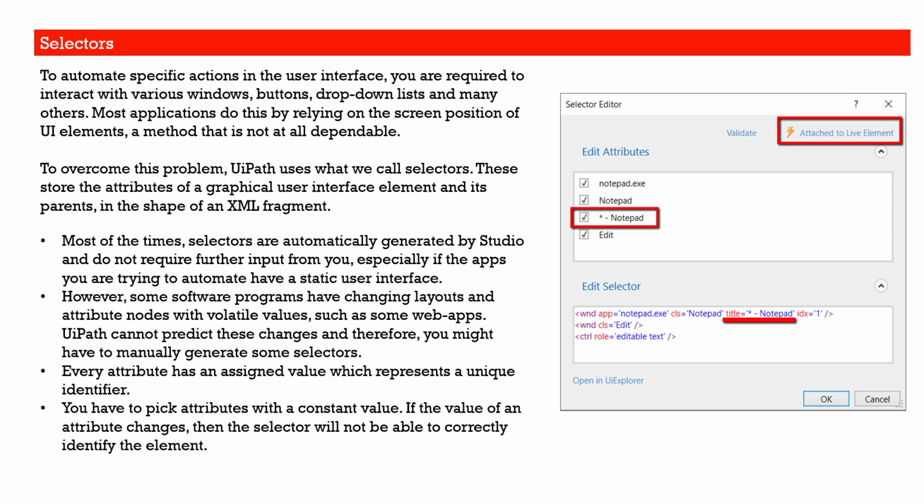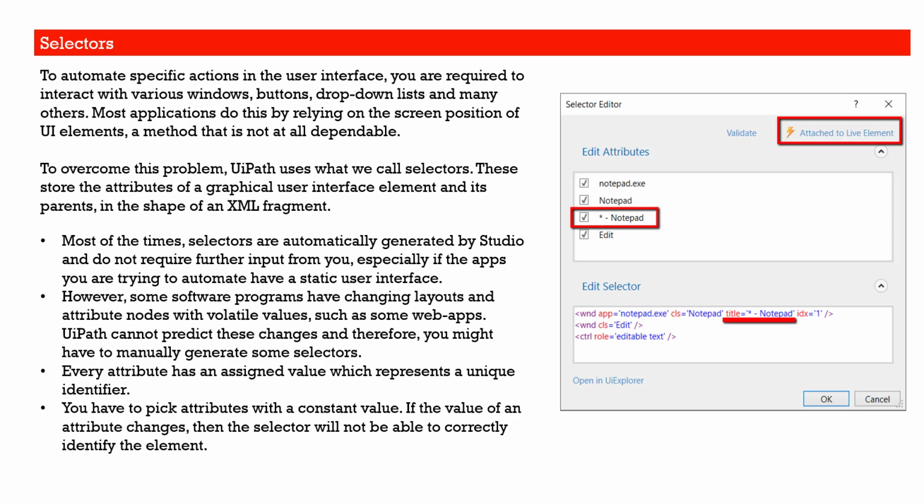And most of the time, the problem is due to the wrong selection of selector attributes. So we'll briefly touch base upon all of these things. What is the selector editor? What are the properties? How you should build a selector which is stable, and a lot of other properties.